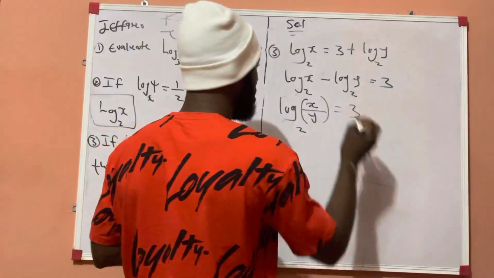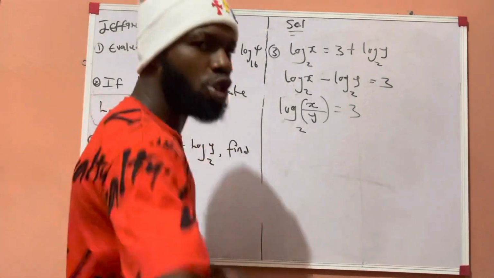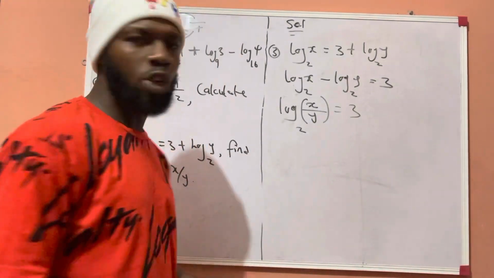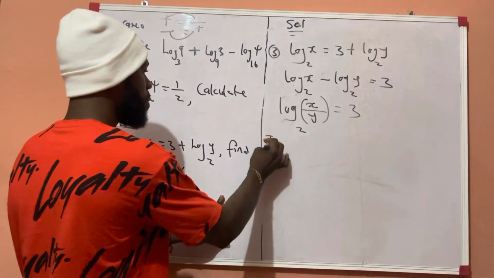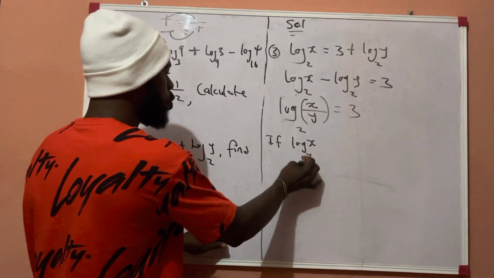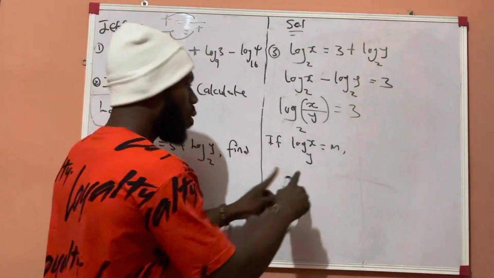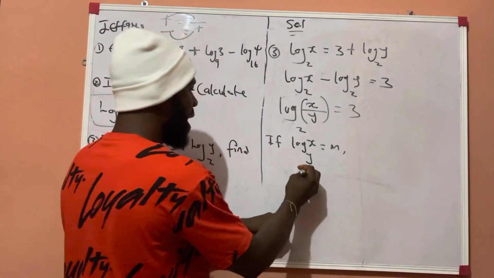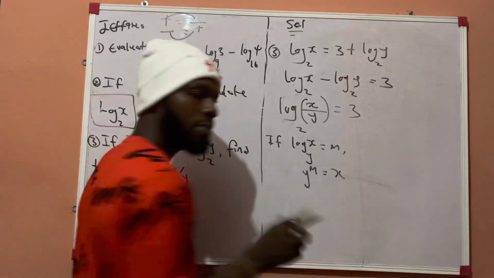Equal to 3. Aha! Now without wasting time, I'm going to introduce to you another law. It is called the equational law. It says, watch, if log x base y equals n, now y raised to power n is equal to x.